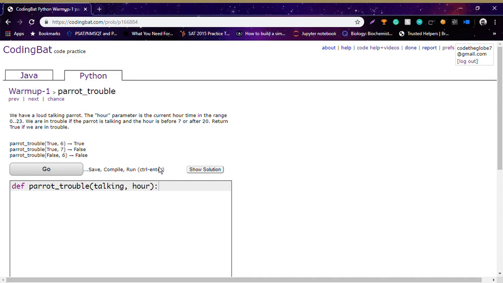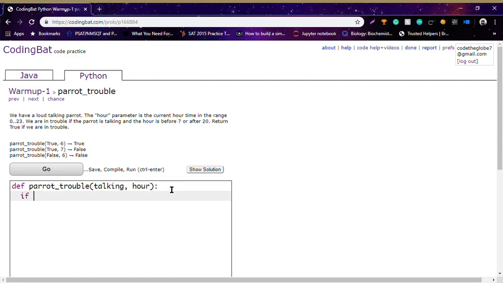Okay, so to make this short, we can interpret this as we are in trouble if talking is true and the hour is before 7 or after 20. So we have two different conditionals. If those two conditionals are met, we are in trouble.